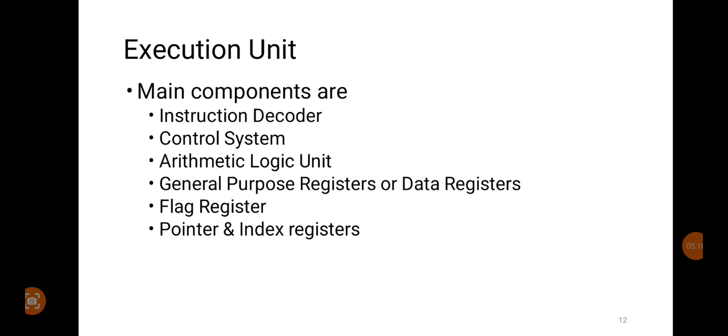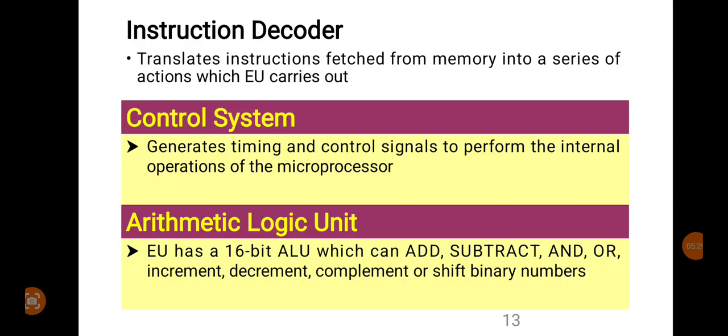The execution unit's main components are instruction decoder, control system, arithmetic and logical unit, general purpose register, flag register, pointer and index register. The function of the instruction decoder is decoding the instruction, because all instructions are stored in the form of hexadecimal, and this has to be decoded by the instruction decoder.